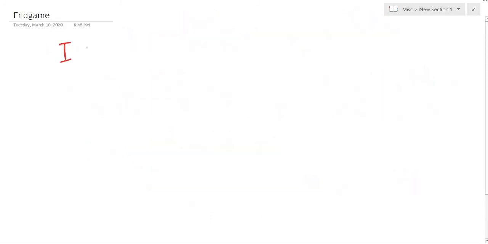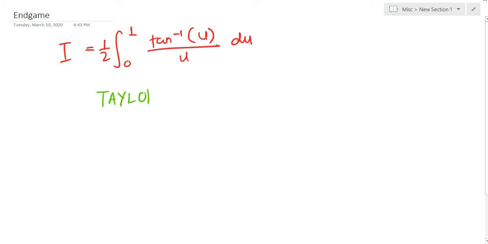So we basically simplified I to be the integral from 0 to 1, and we have a half outside of the inverse tangent of u over u du. Now I promised to use the Taylor series for the inverse tangent function. So let me remind you what the Taylor series for the inverse tangent really was.